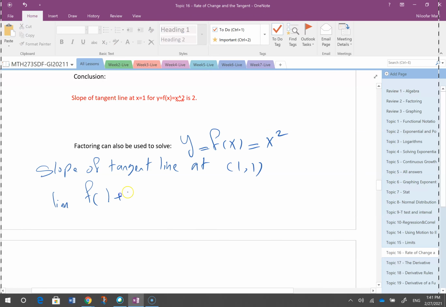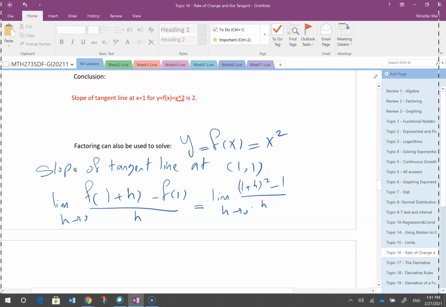So f(1 plus h) minus f(1) divided by h as h goes to 0, which is the limit of (1 plus h) squared minus 1 over h as h goes to 0.